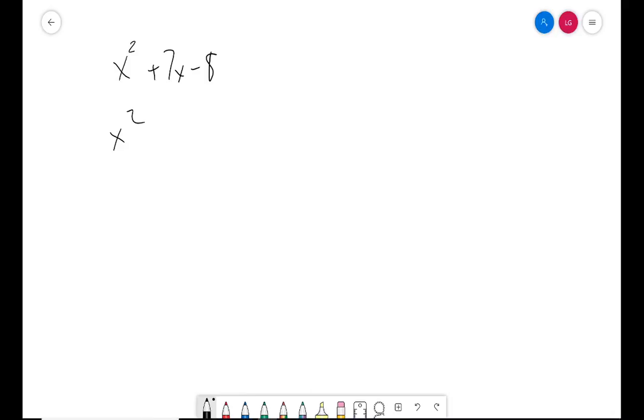Let's look at x squared plus 3x plus 2. Let's look at x squared minus 49. How about x squared minus 2x minus 35? Trying to think of one more.